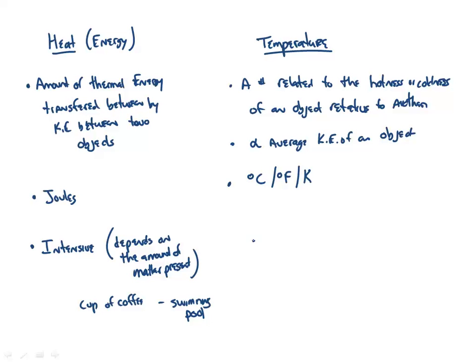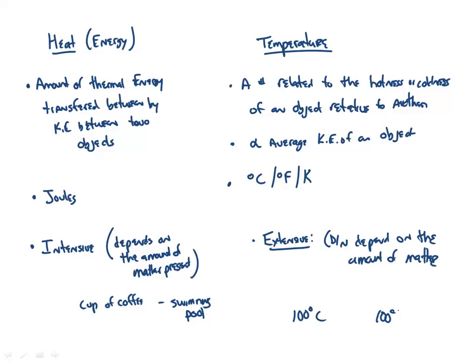But if we compare that to temperature, temperature is extensive, meaning it does not depend on the amount of matter. And so the temperature of both is 100 degrees Celsius.